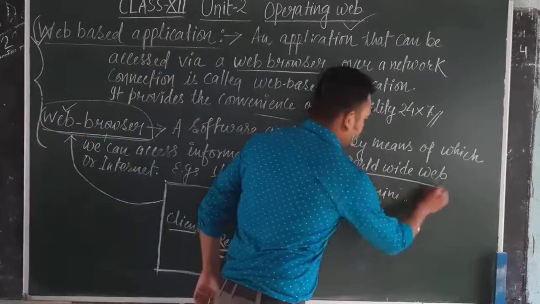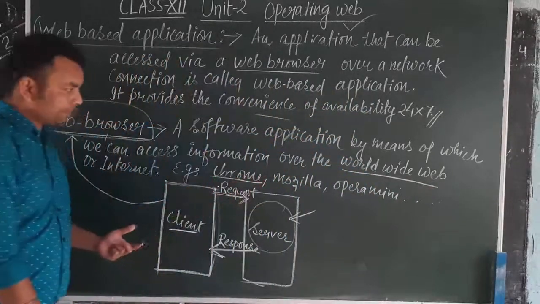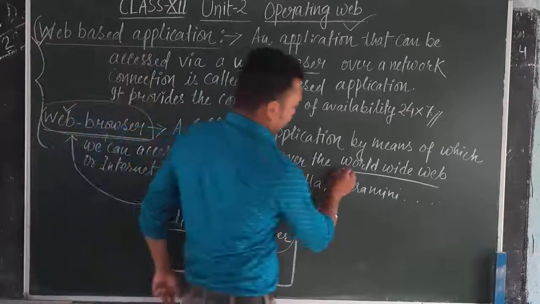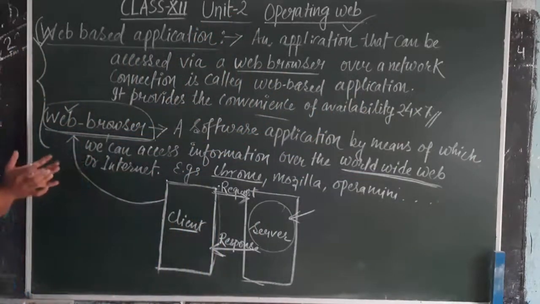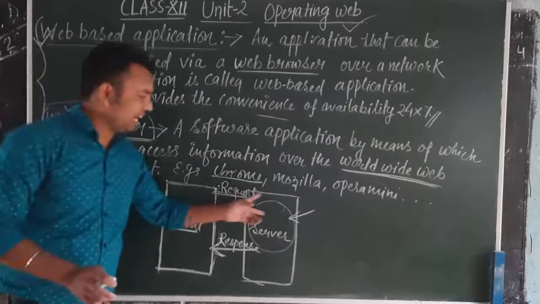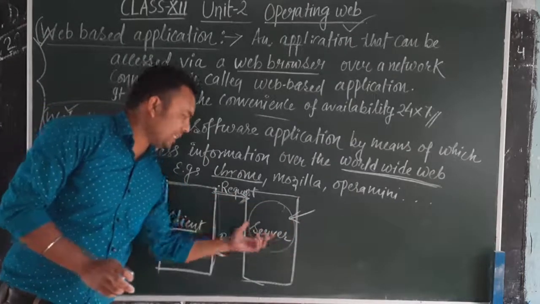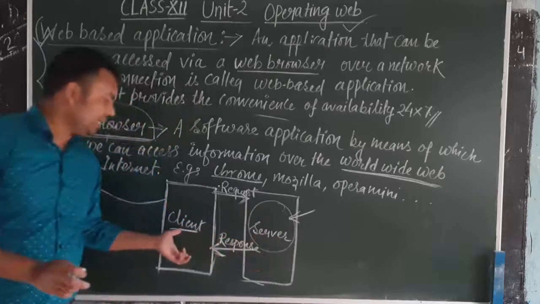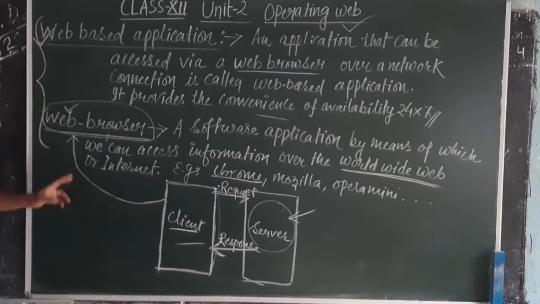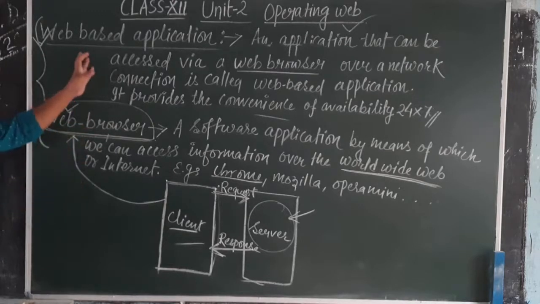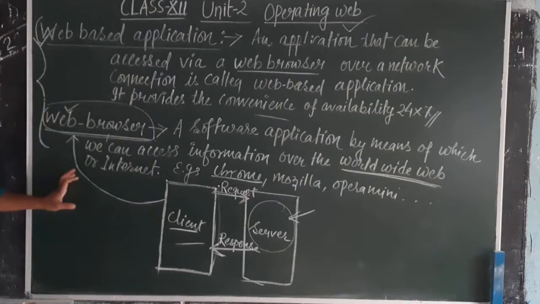Since we are using Google Chrome, it will search over the whole World Wide Web, all the networks which are connected. After retrieving that information, it will send it as a response to our machine. So these are the two important concepts which we need to remember whenever we are discussing anything related to web applications or operating web-based applications.